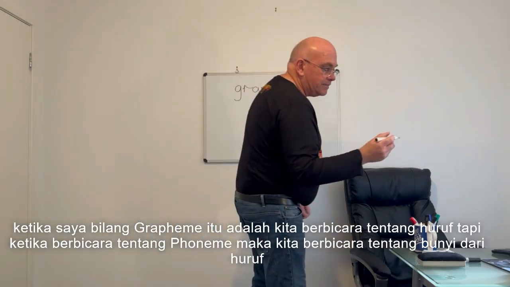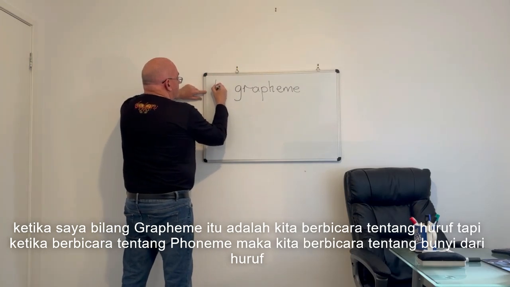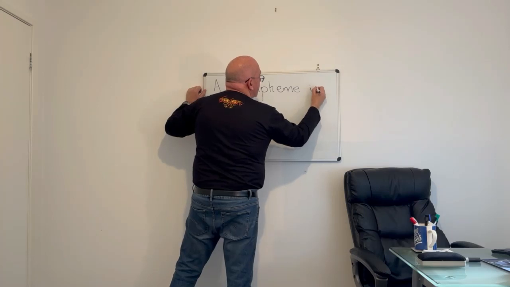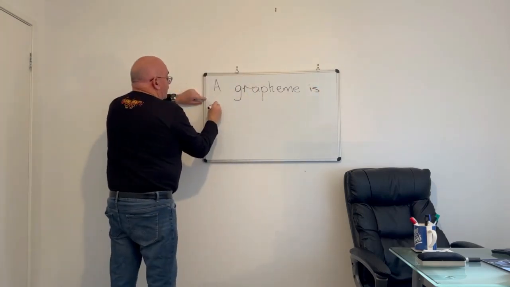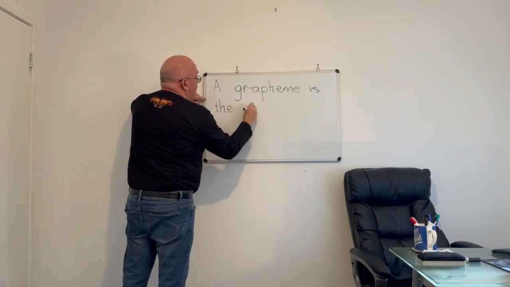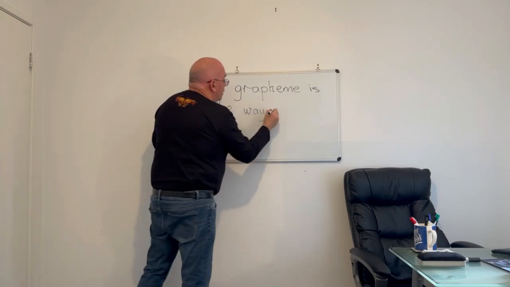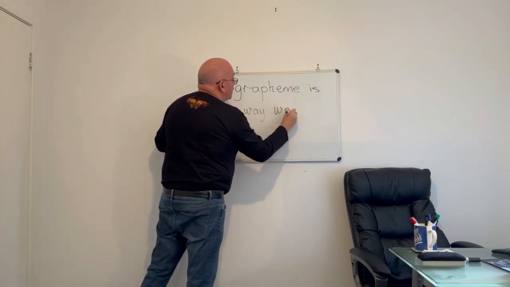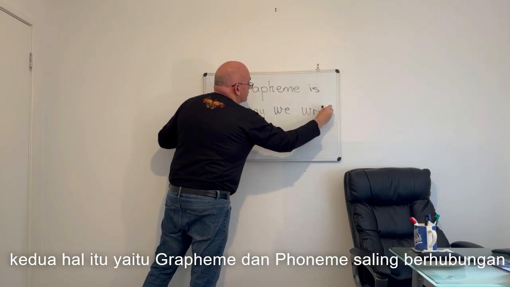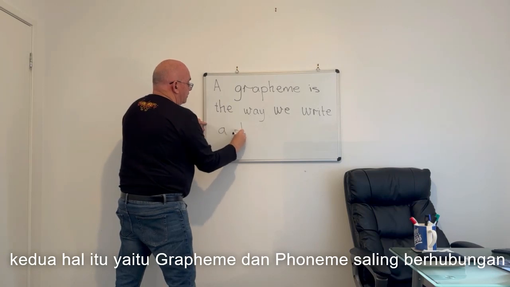All right. So, example. I'll just show you first the definition. A grapheme is the way we write a phoneme.